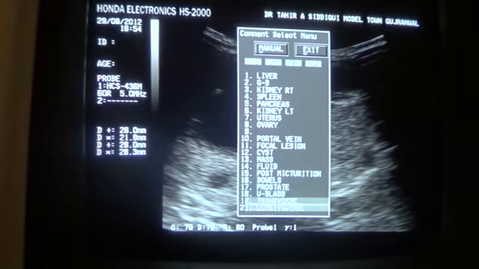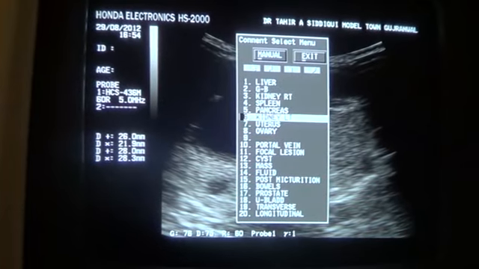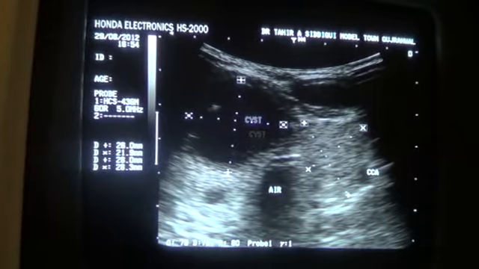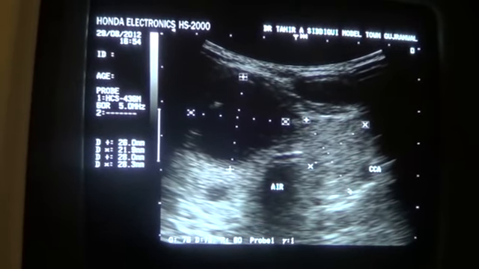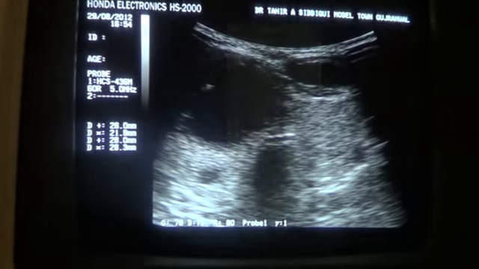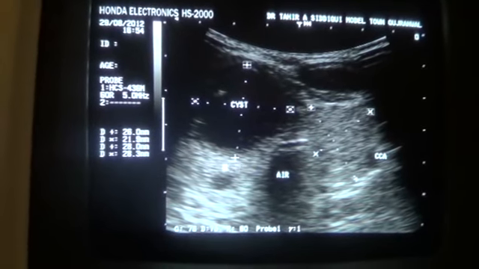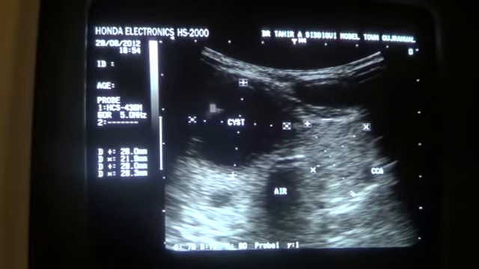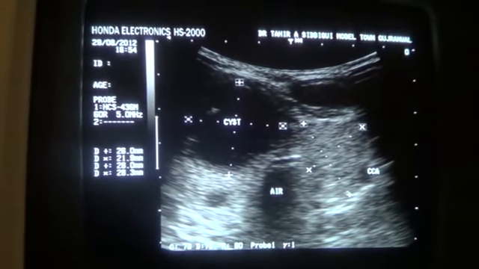And this is a cyst at the medial end, medial region of the right lobe of the thyroid gland with posterior wall acoustic enhancement and a few tiny small echogenic areas within it.